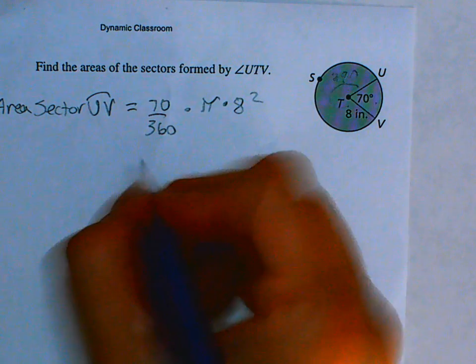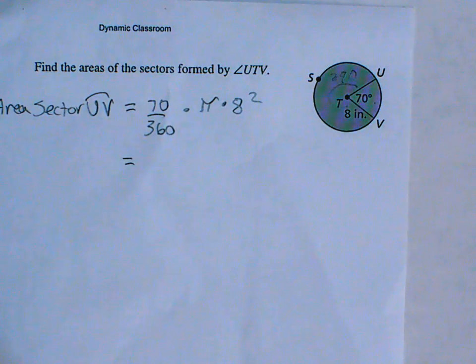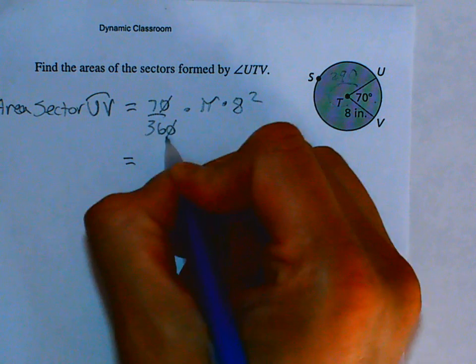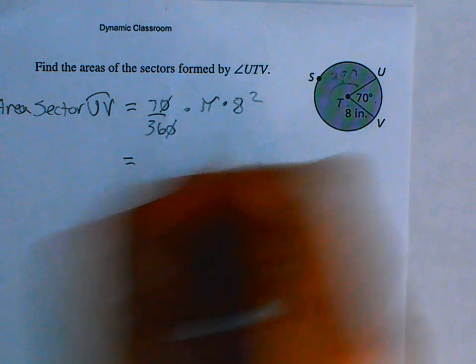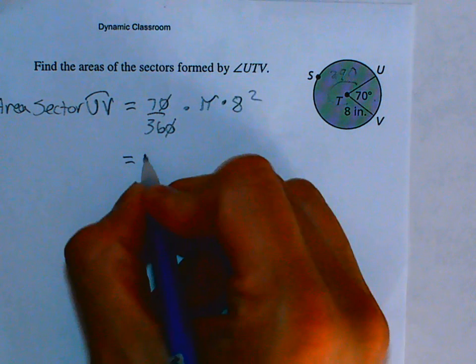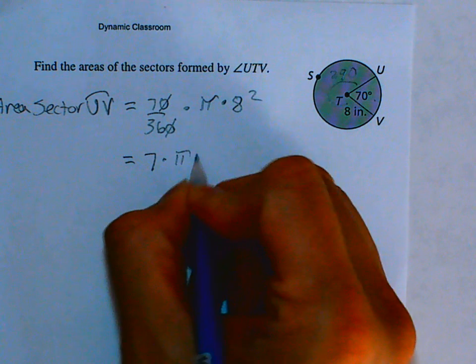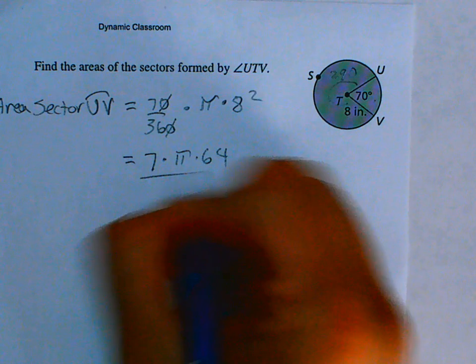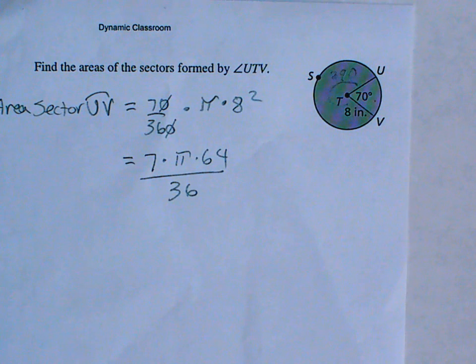Now I get to simplify all of that. Now let's see, that divides. 8 squared, that's 64. So that's 7 pi 64 over 36.